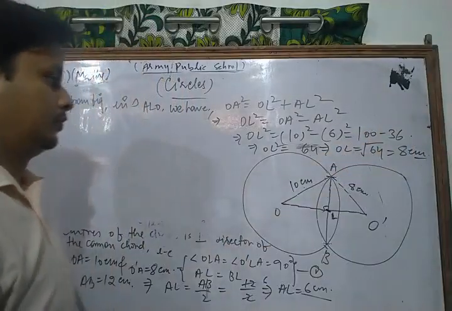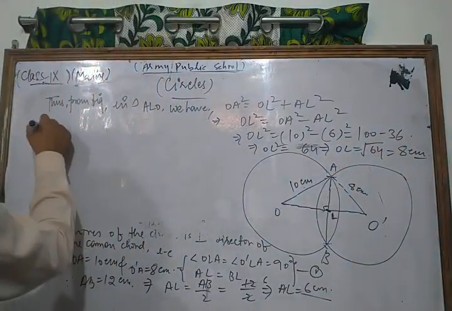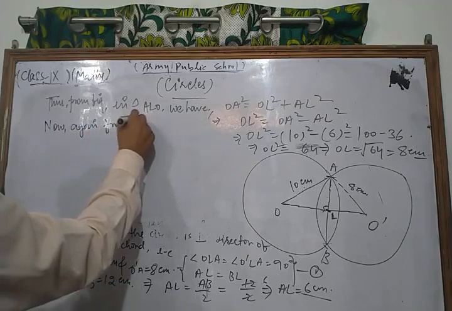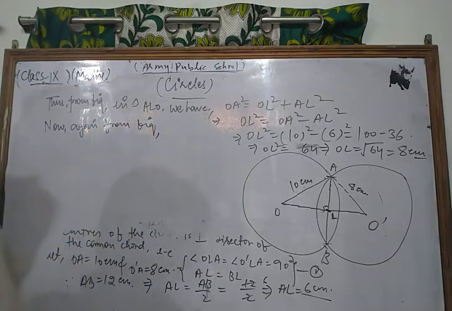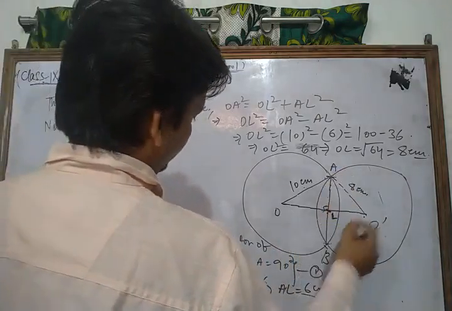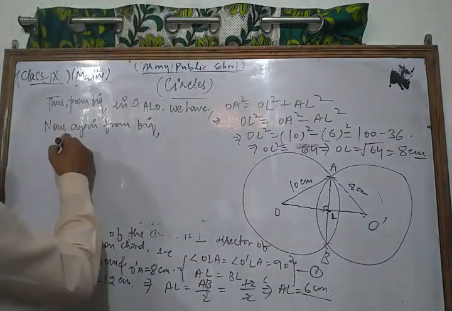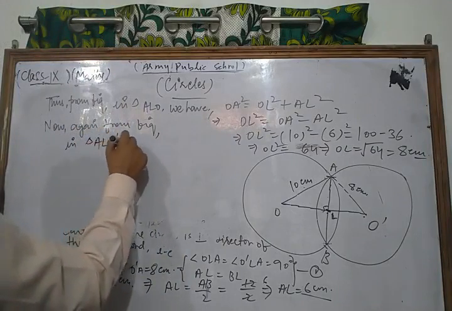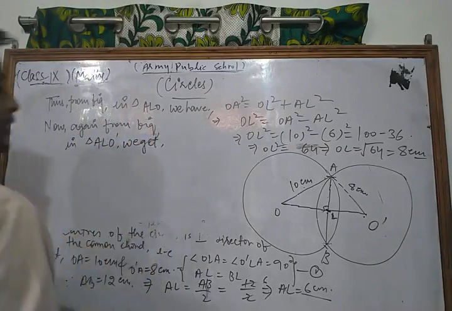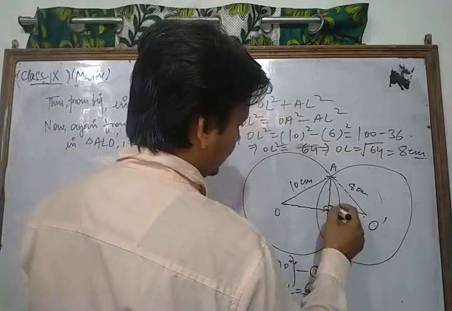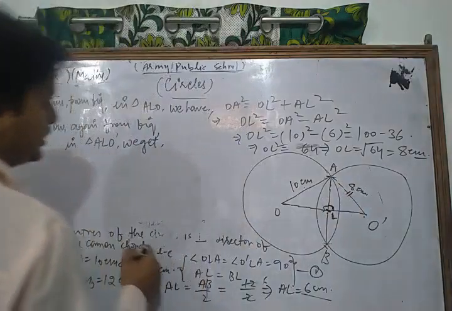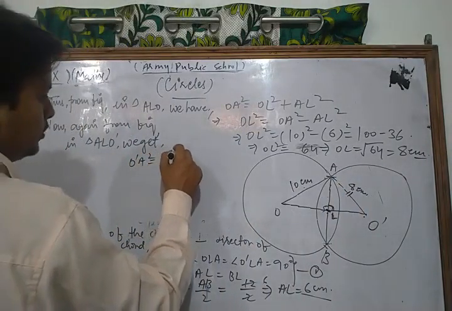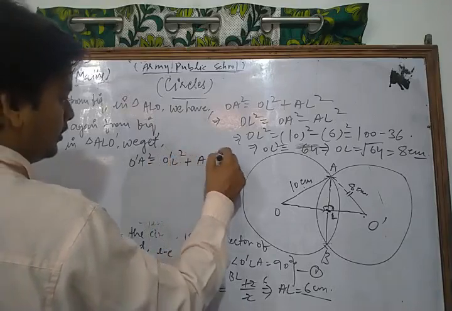Now again from the figure we take right angle triangle ALO dash. In triangle ALO dash, the side opposite to the right angle is the hypotenuse, so O dash A square is equal to O dash L square plus AL square.